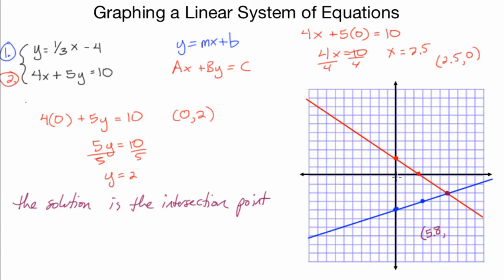And then the y value is right about -2. So I would say a reasonable guess for the solution to this linear system is when x is 5.8, my y value is -2. Now that's approximately the point. If I put those values in for x and y, that's what's going to make both equations true.